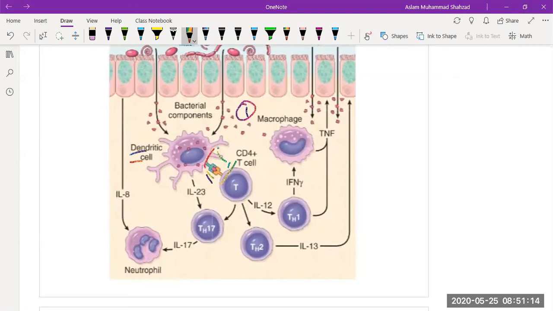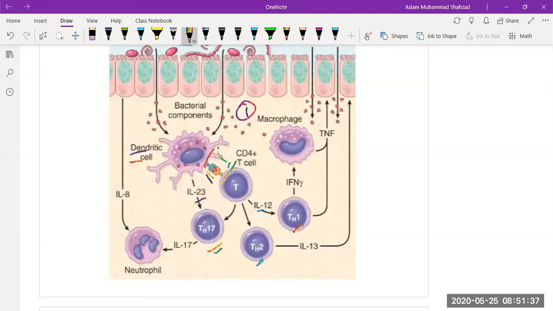With the help of CD4 cells, this T cell is further responsible for the production of interleukin 12 and interleukin 23, which promote further abnormal immune response by producing Th17, Th2, and Th1.